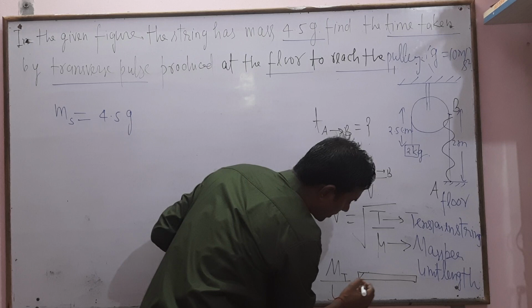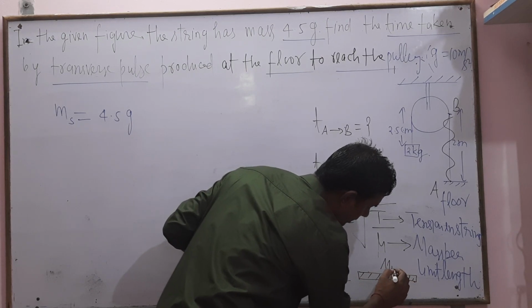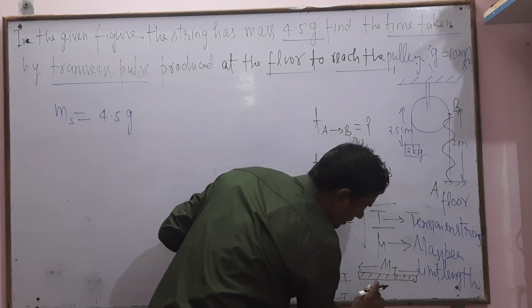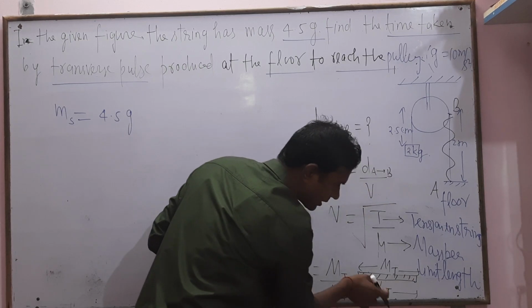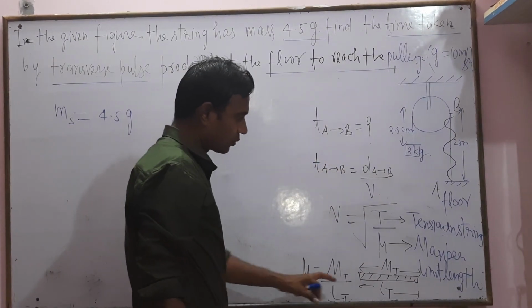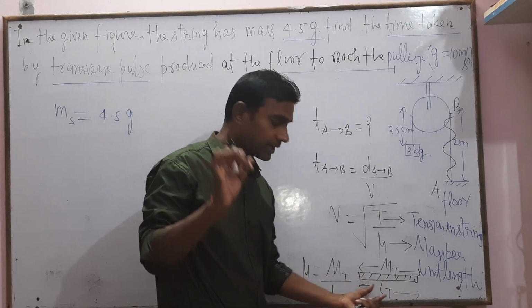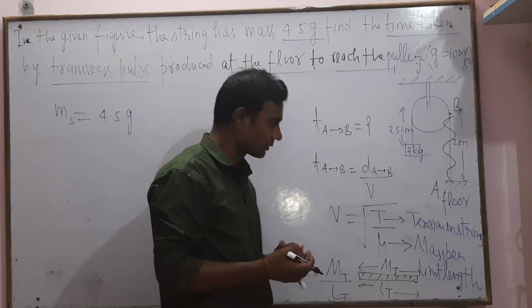So mass per unit length is the total mass divided by the total length. Then we can apply mu equals total mass upon total length.